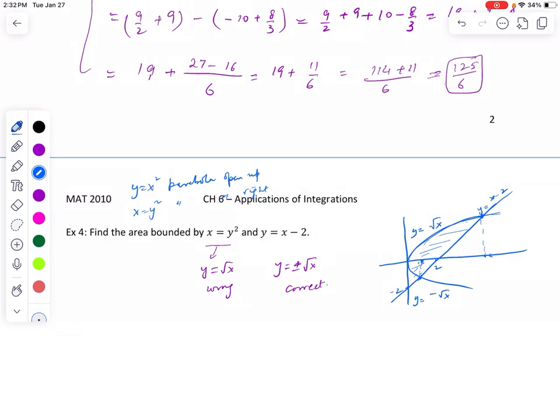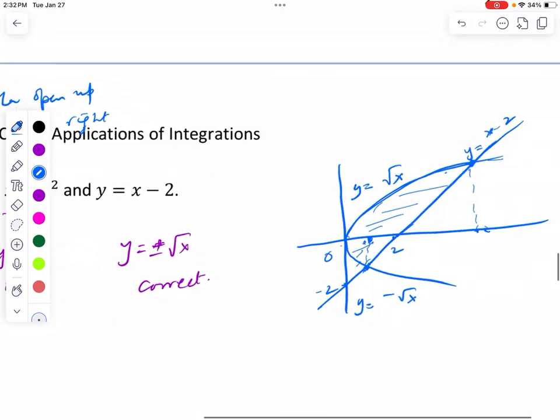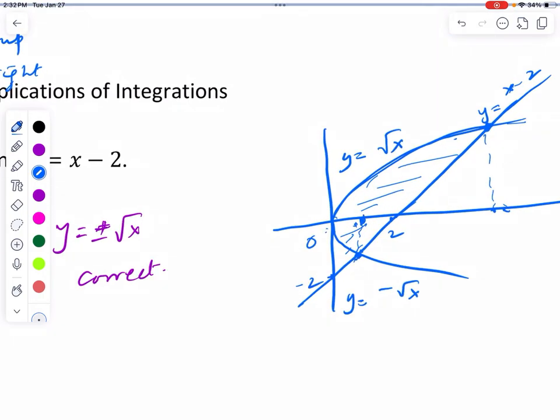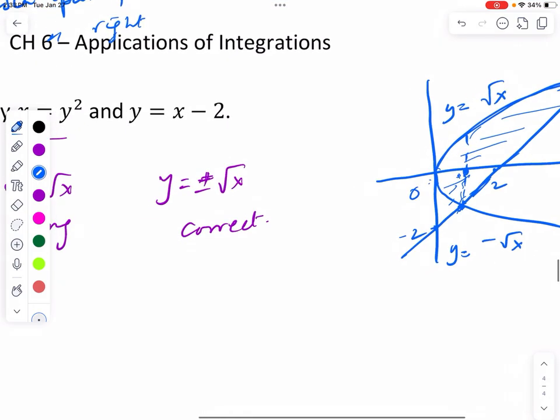But between 0 and 1, between 0 and this point, if I draw a vertical line here, we don't have the x minus 2 below, but we have negative of square root of x below. So if you graph the function like this, it's easier to see what your integral will look like.